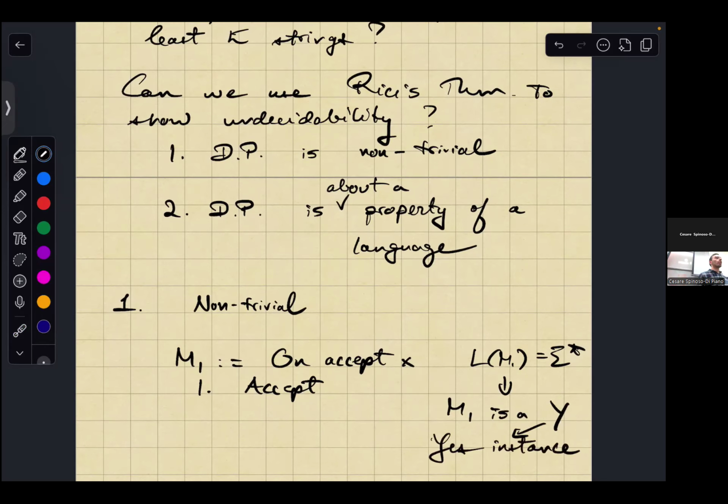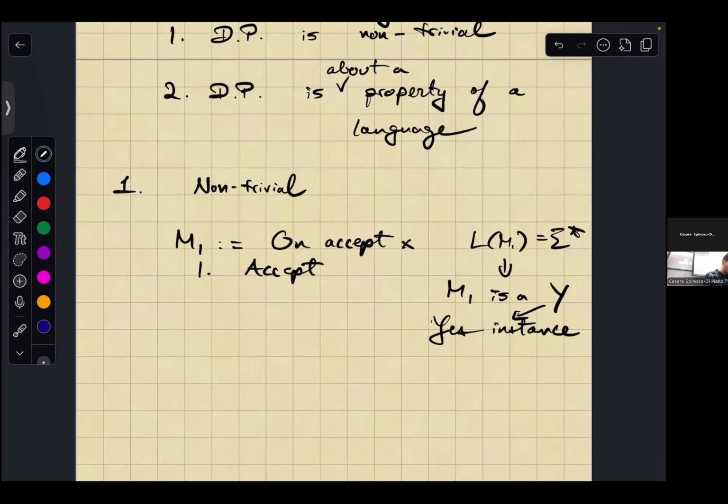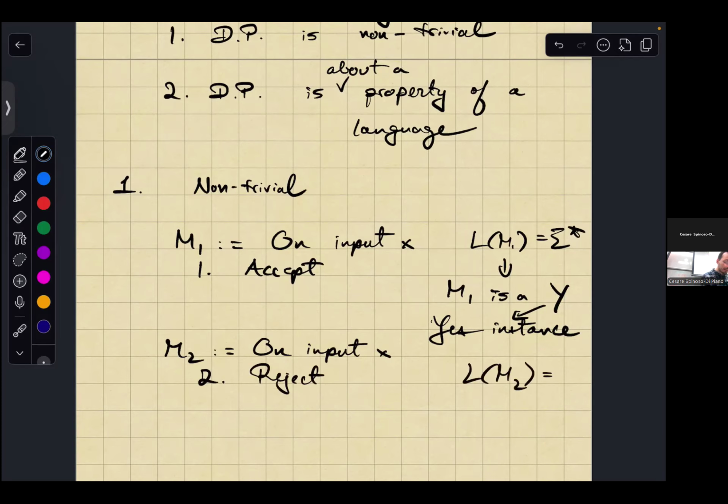Now the question is, is it always true? Is at least K always going to be true no matter what the Turing machine is? No, because let's consider M2, which, on input X, is going to reject all the time. So then L of M2 is empty.